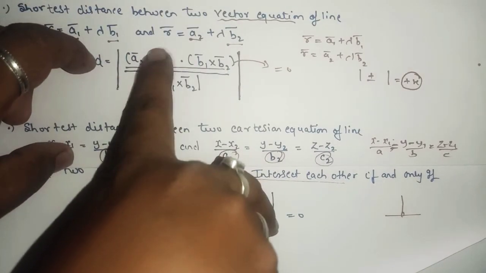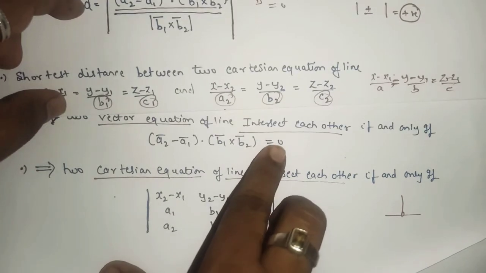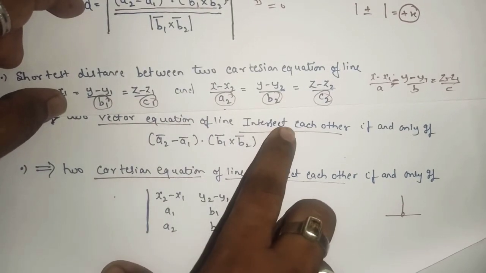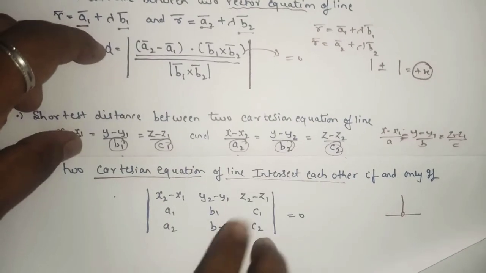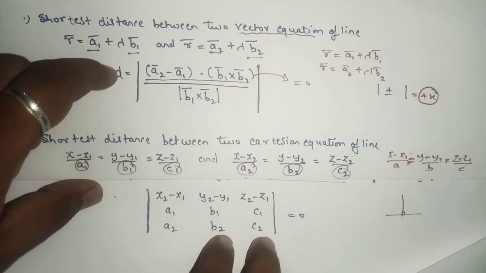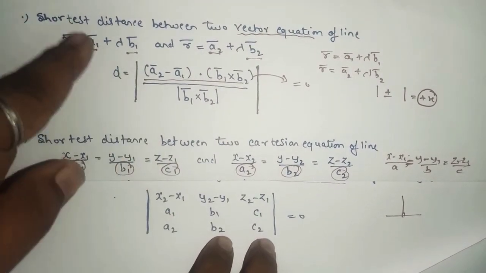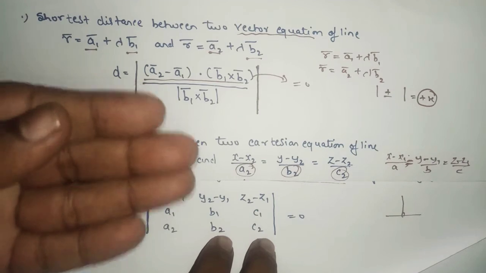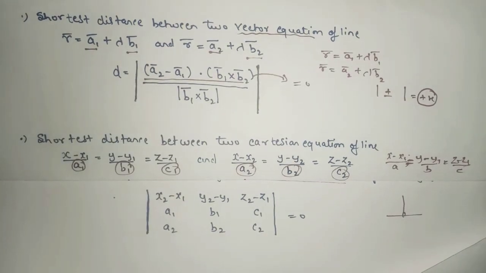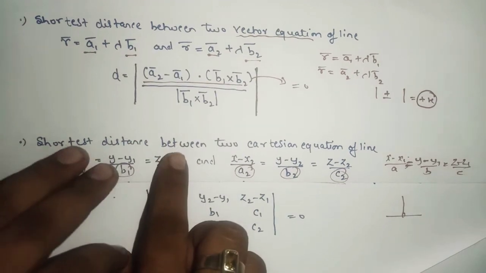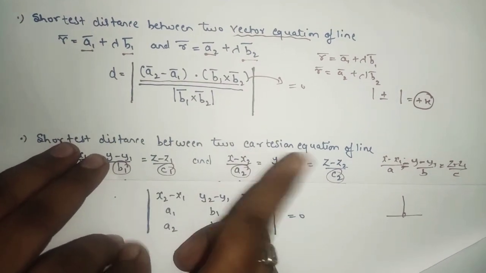If the dot product in the numerator equals 0, then we can say the lines are intersecting each other. Today we'll take one sum based on the shortest distance between two vector equations, and in the next lecture we're going to do the shortest distance between two Cartesian equations.